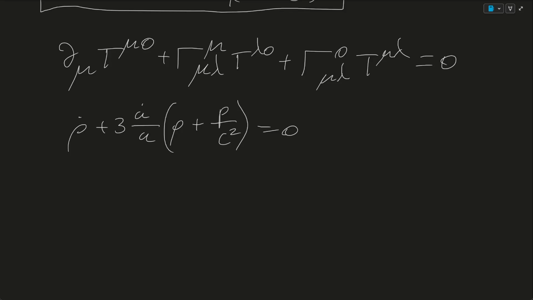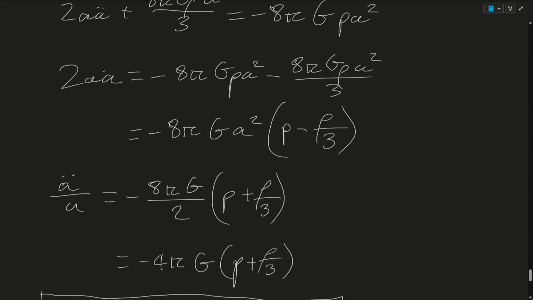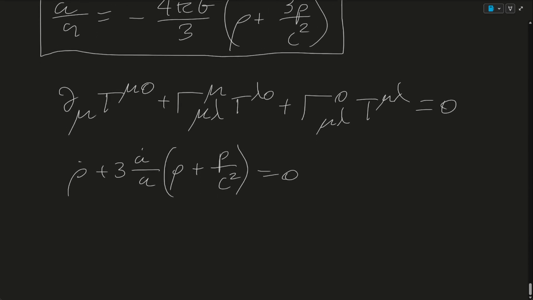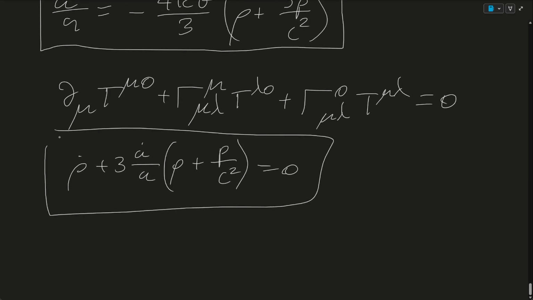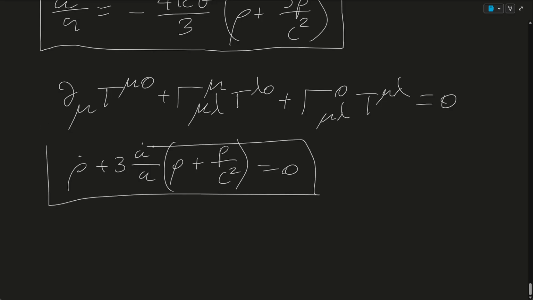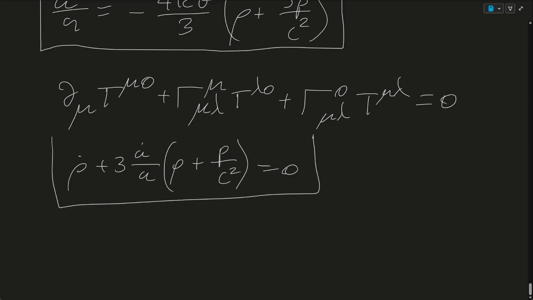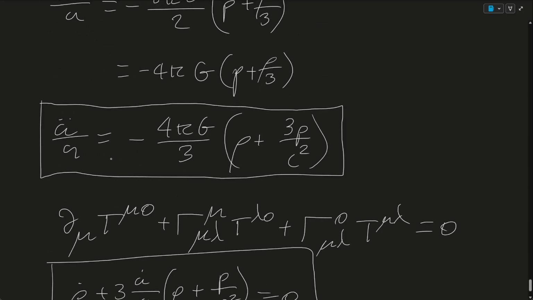So the system has two independent equations, which are the first Friedmann equation and the fluid equation, plus essentially an equation of state, which is, I should have boxed this, which is our second Friedmann. I might write them all out in summary in just a second. This middle equation is just an equation of state, P being P of rho.